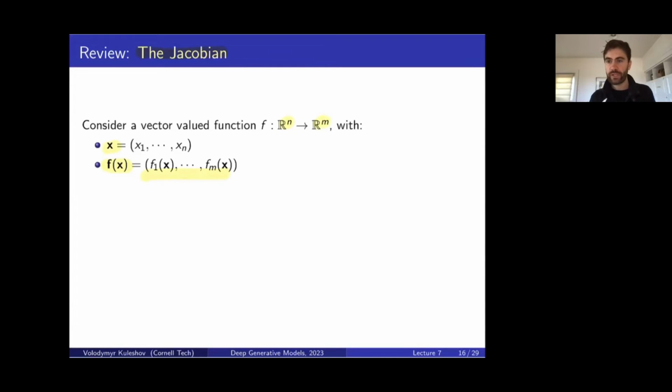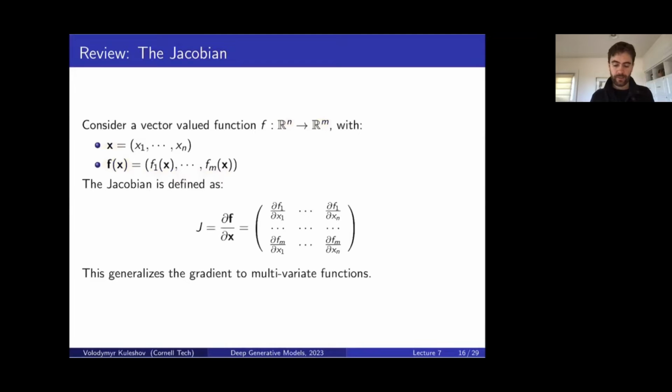And the generalization of a derivative to a vector valued function is called the Jacobian. It is simply the matrix J, here also written, slightly abusing notation, as partial F over partial X. That is going to be a matrix that's n-dimensional here and m-dimensional here. And each entry of the matrix is the partial derivative of one of these terms with respect to one of the input variables.